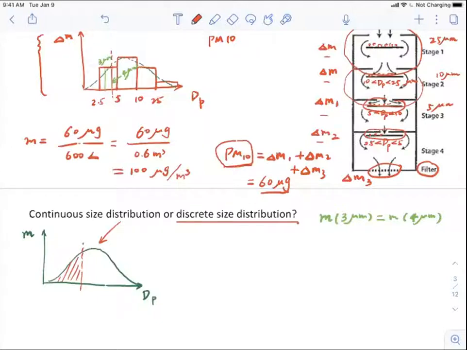So basically, with this new assumption that the size distribution of the particles is going to have this continuous form, people start to think about the mathematical ways to better show these size distributions, or mathematical expressions.